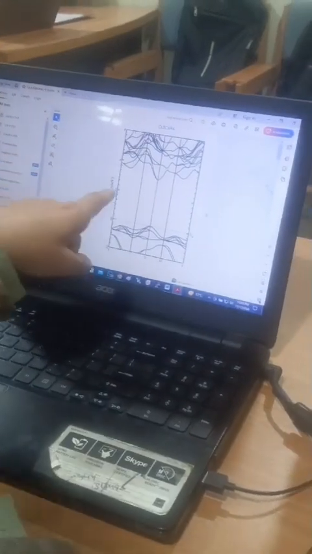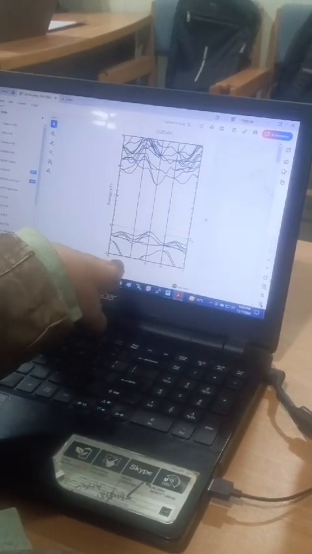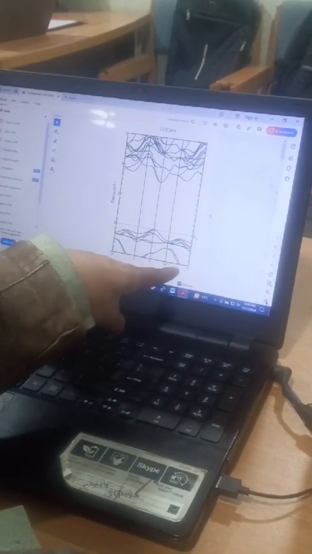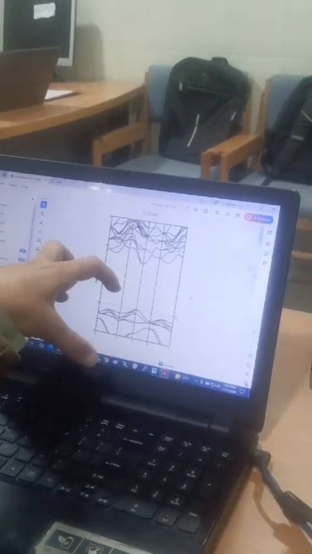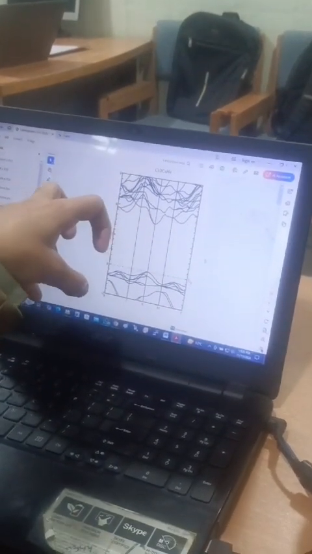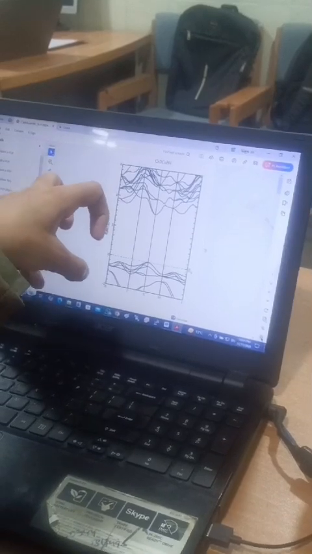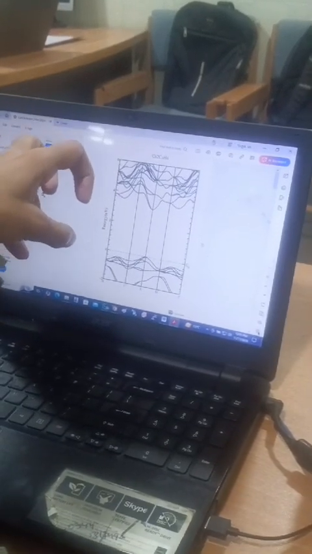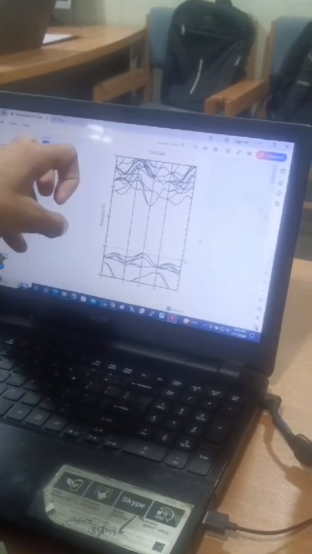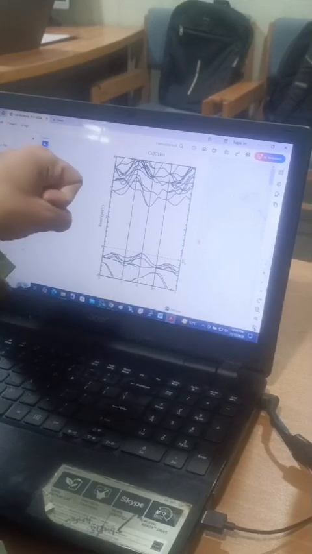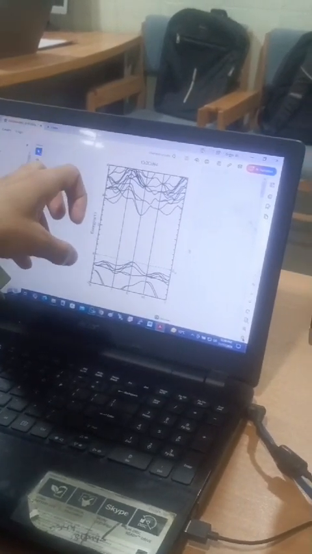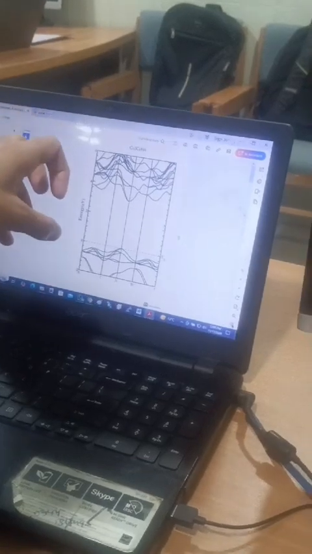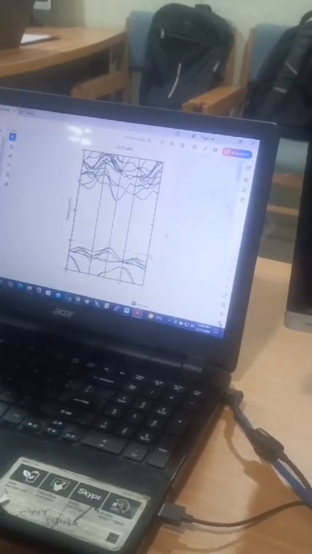These labels R, tau, X, M and T are the symmetric points or k vectors lying in the Brillouin zone. The Brillouin zone is your main concern in the crystal. It is the region in which you have the maximum number of orbitals and energy levels in which you discuss your material.